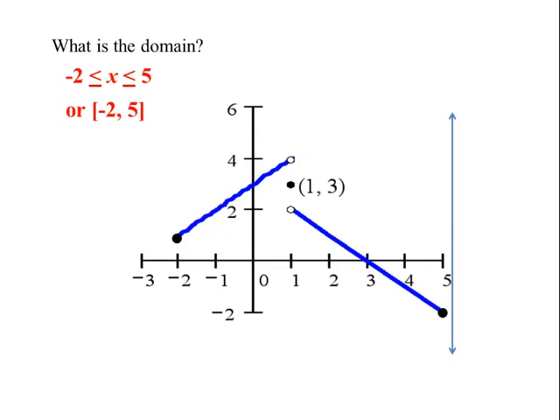And the domain is all values from negative 2 to 5, and we have a closed circle here at negative 2, so it can equal negative 2, and we have one here at 5, so it can equal 5. In interval notation, we would say bracket negative 2, comma 5 bracket.